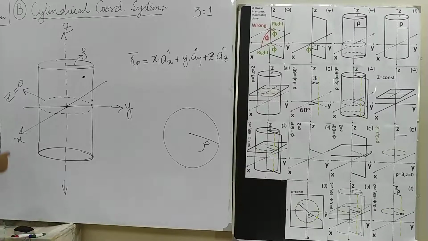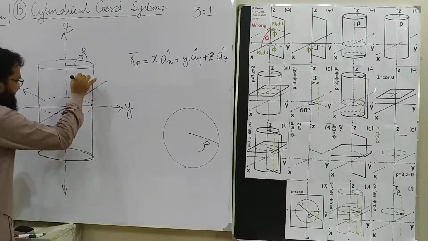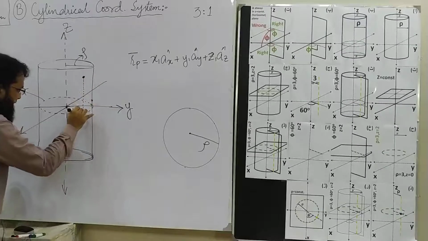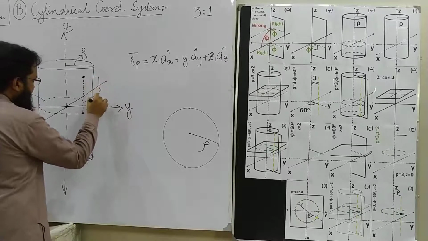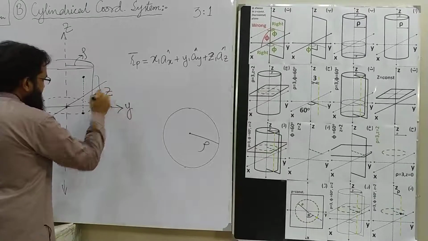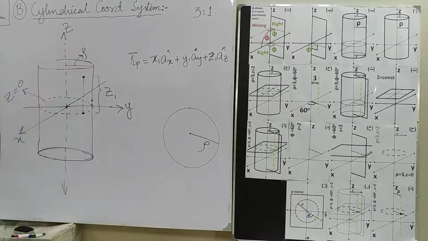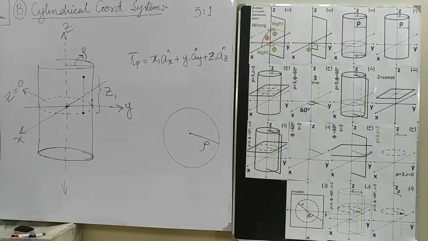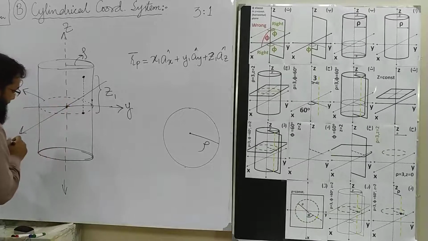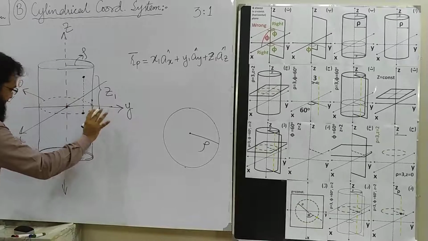Now to reach this point, I can drop a perpendicular from this point onto this circumference on the z equals 0 plane, exactly what we did in the Cartesian coordinate system. So this height will give me the z coordinate. Let's say this height is z1. This is exactly how we defined the z-axis in the Cartesian coordinate system.